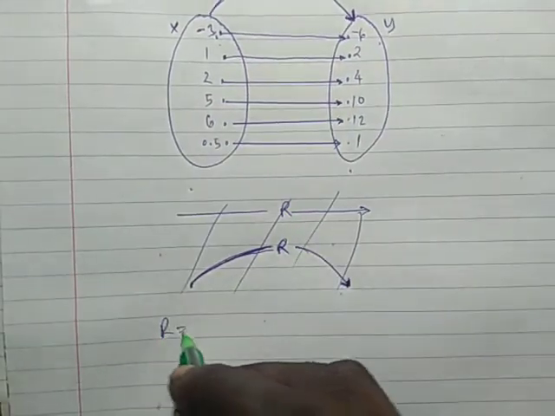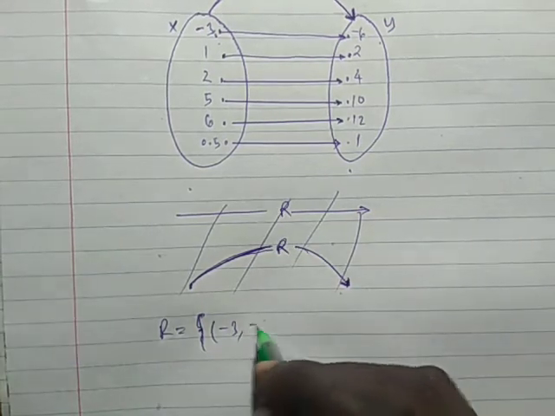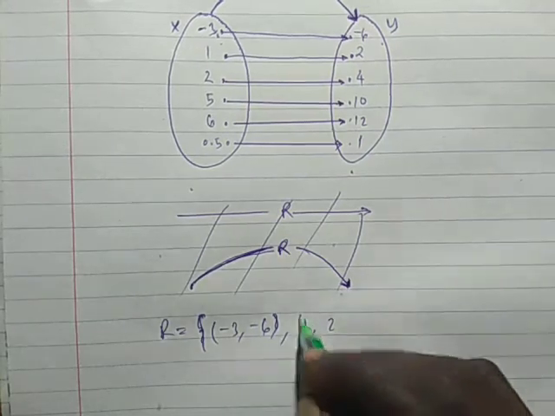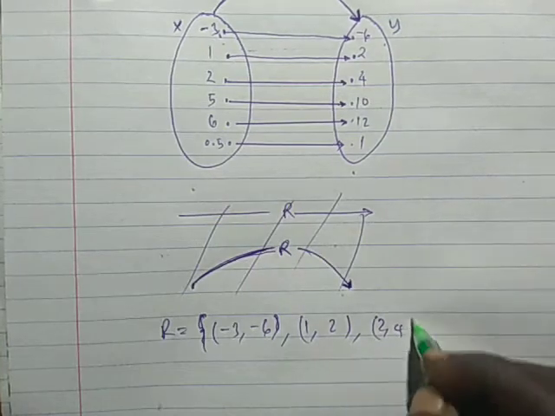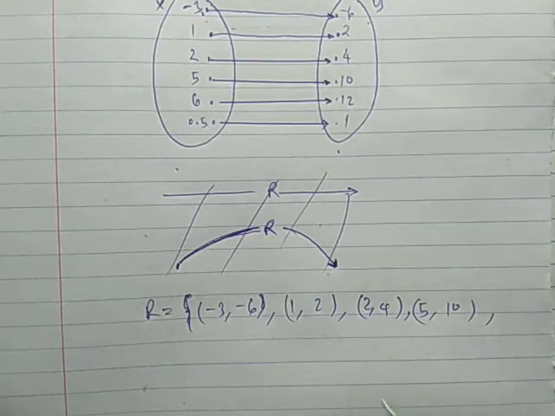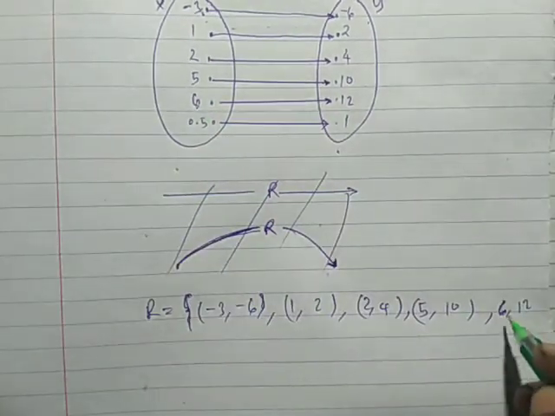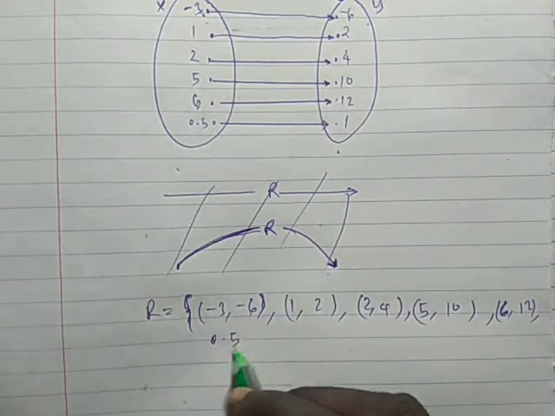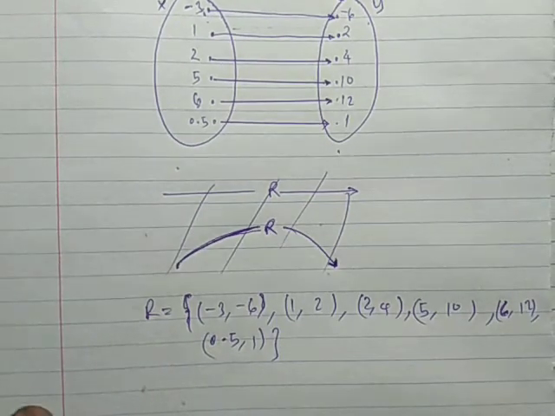So the ordered pairs of the relation R will be: -3, -6; 1, 2; 2, 4; 5, 10; 6, 12; and then 0.5, 1. These are the ordered pairs from our relation.